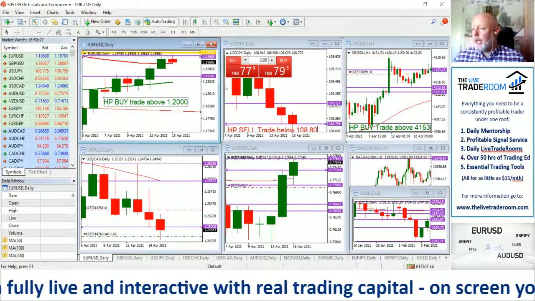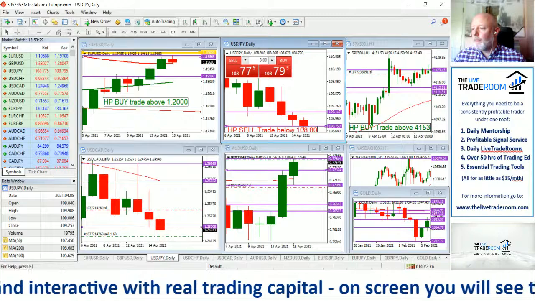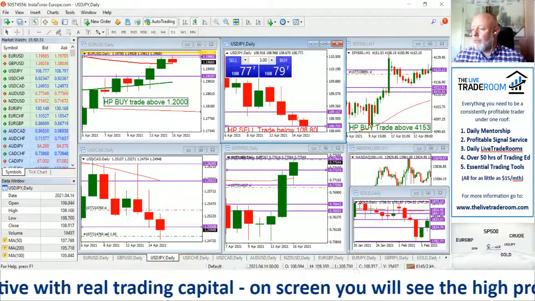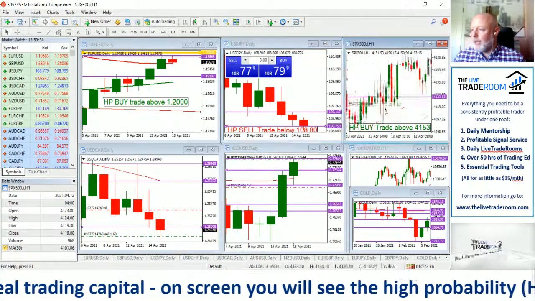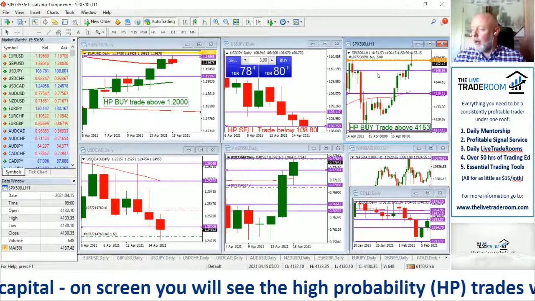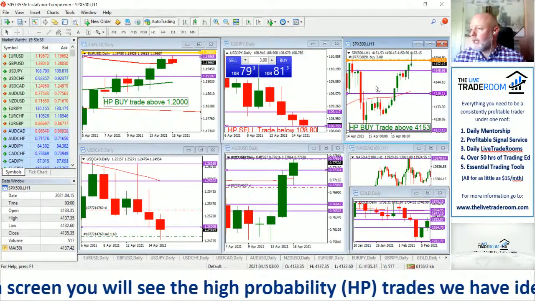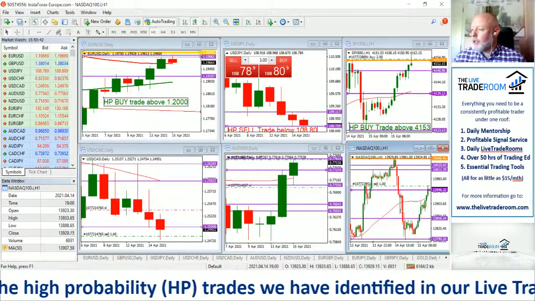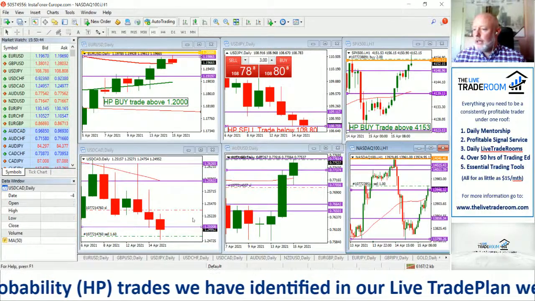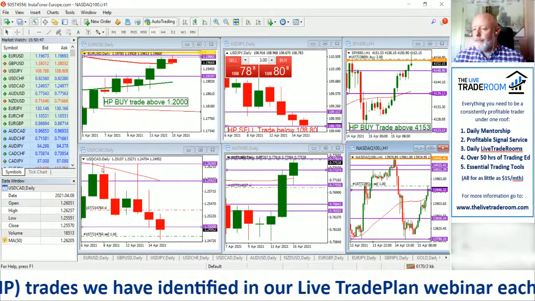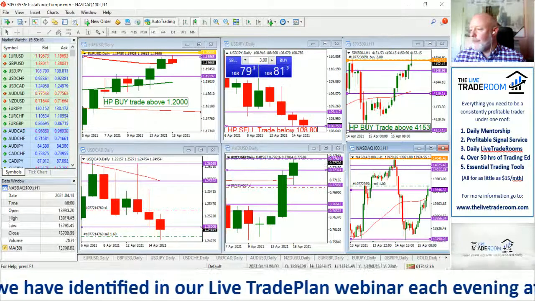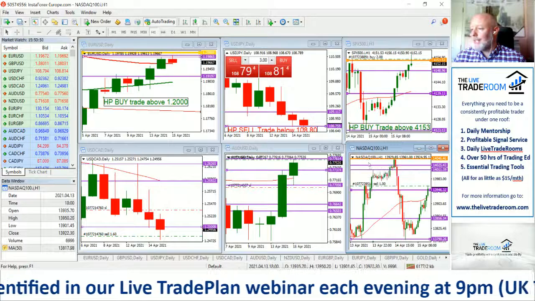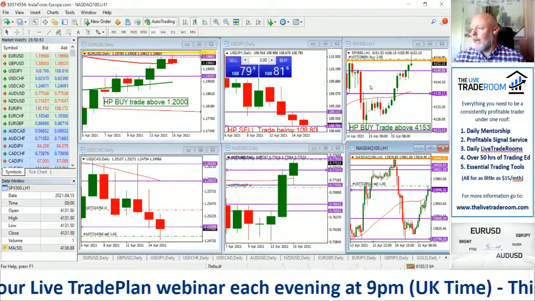We're just keeping an eye on the euro dollar. We're in quite a few of these markets on the daily time frames to the downside already, or to the dollar weakness already, and the Nasdaq as well. So these are our trades. You've got dollar CAD, Aussie dollar, and we've also got a Nasdaq to the upside and the S&P 500 to the upside.